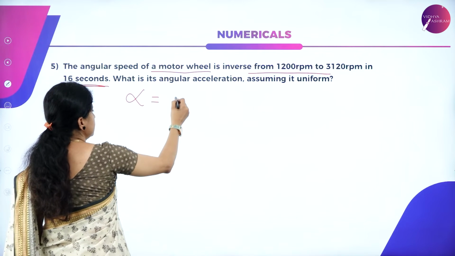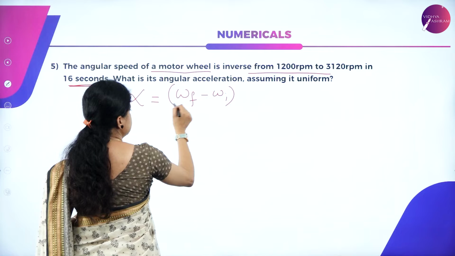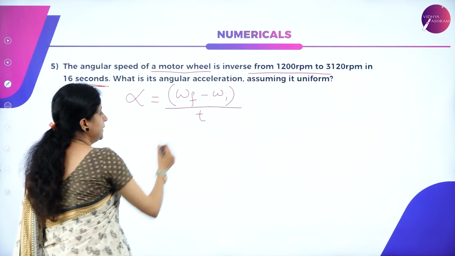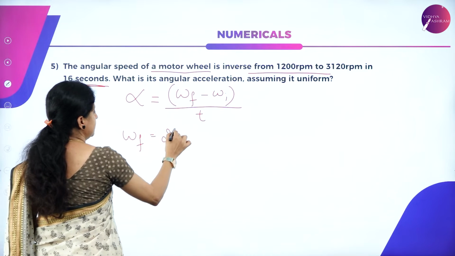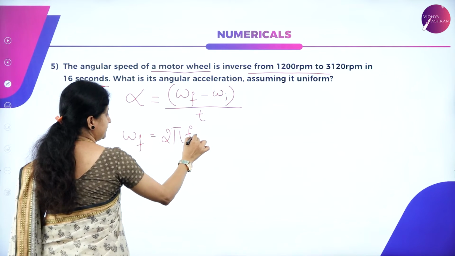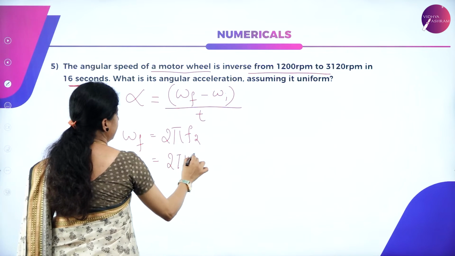So here the angular acceleration can be calculated as omega f minus omega i, that is the change in angular velocity, divided by time. But how to find the value of omega f? It is nothing but 2 pi f2, the final frequency, and omega i can be calculated as 2 pi f1.